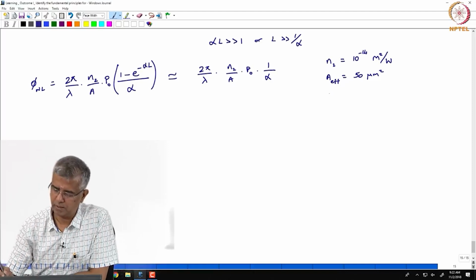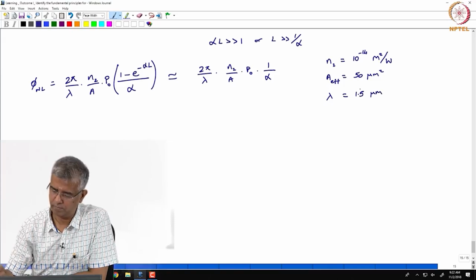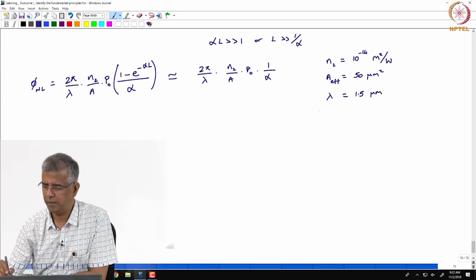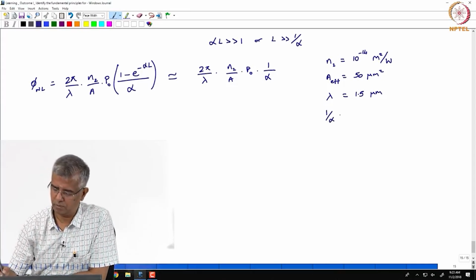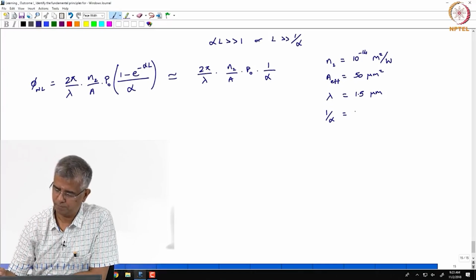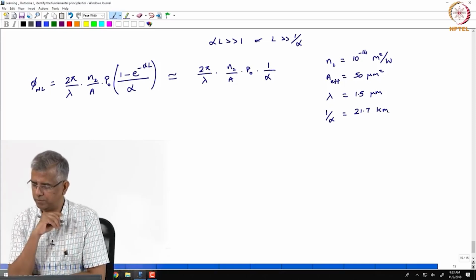Let's consider a lambda of 1.5 micron, and 1 over alpha is actually 21.7 kilometers if you do the math.